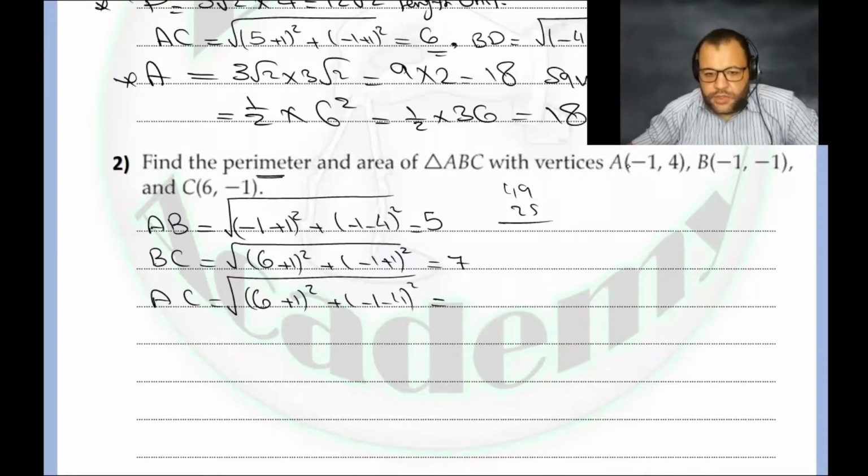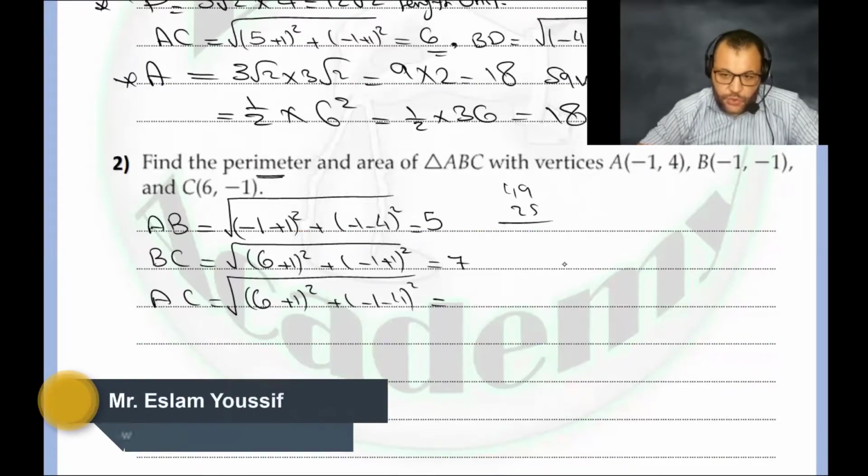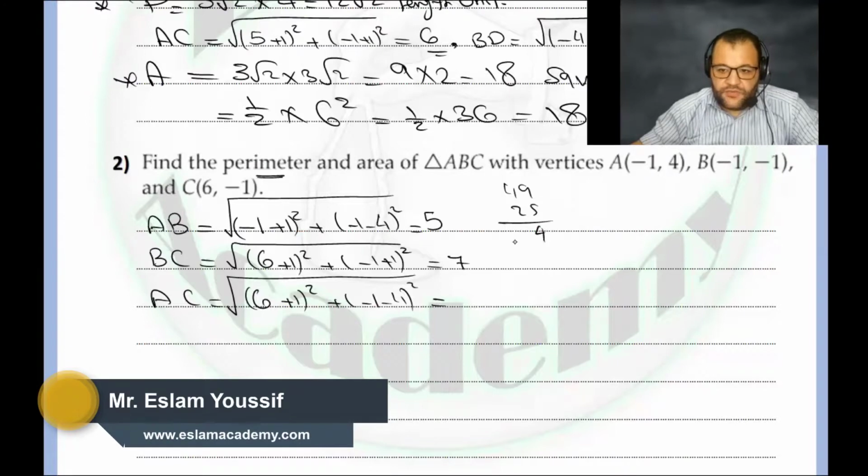It comes with a decimal, so leave it with the square root. 6 minus -1 will be 7, and -1 minus 4 is 5. So it will be the square root of 49 plus 25, which is the square root of 74.